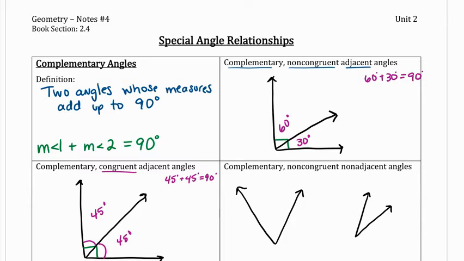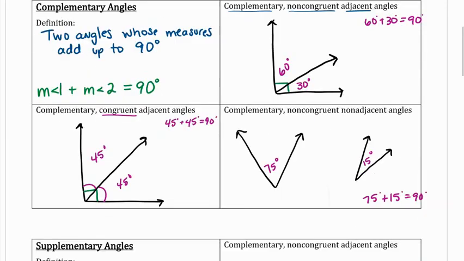And let's say one of these angles is 75 degrees, and this angle is 15 degrees. Well, again, my 75 plus 15 equals a total of 90 degrees, so those are complementary angles. They don't have to be right next to each other to be complementary. Okay? All right, so there's complementary.